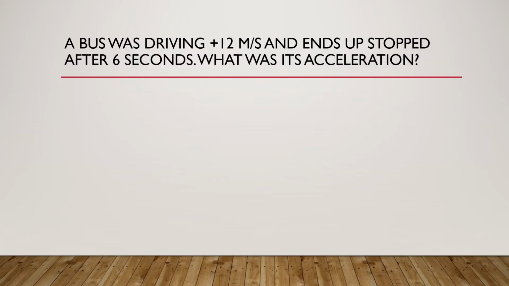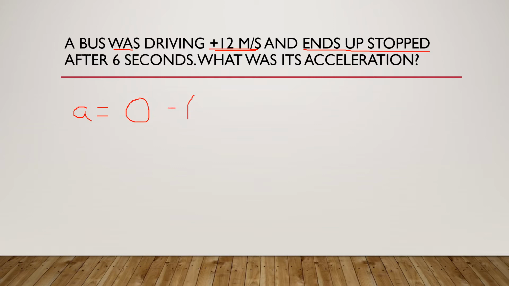A bus was driving plus 12 meters per second and ends up stopped after 6 seconds. What was its acceleration? All right, now this one's a little bit trickier. We're still going to do final velocity minus initial. It was driving 12. I think that's the initial. Was tends to indicate an initial or starting velocity. And ends up stopped. If I say ends up stopped, oh, that means the final velocity is 0.